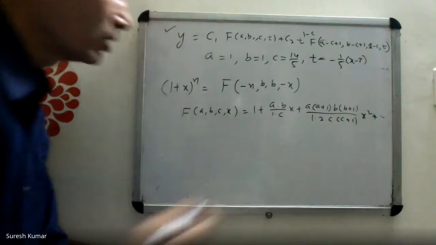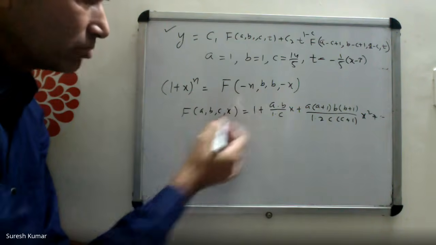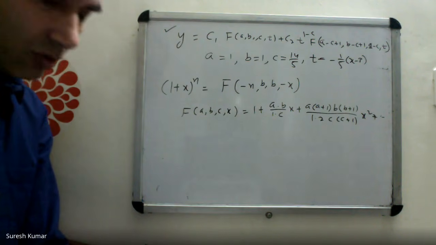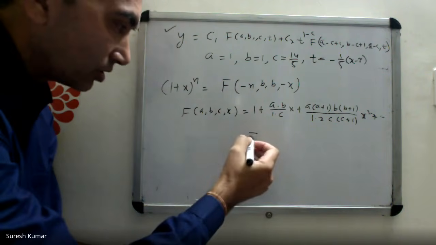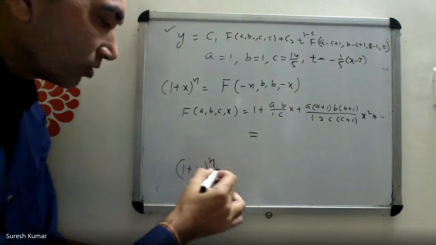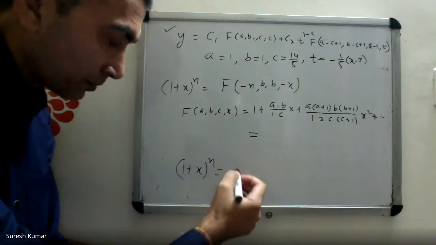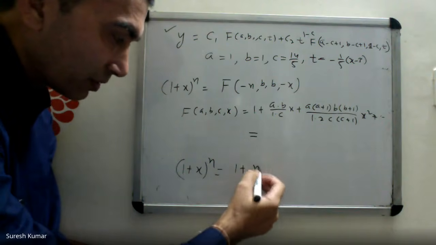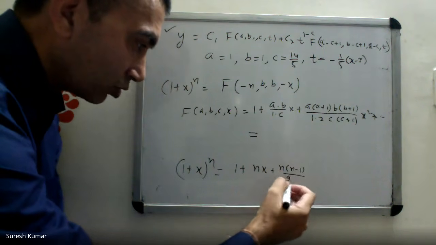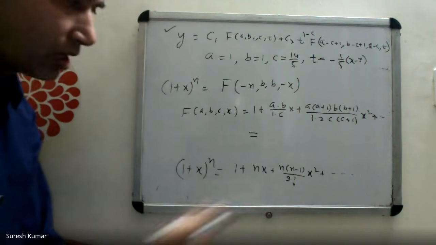So if I replace a by minus n and c by b here, see what you get on the right hand side. Is that the same as the expansion of (1 plus x) to the power n? What is the expansion of (1 plus x) to the power n? 1 plus nx plus n(n minus 1) over 2 factorial x square and so on. You know this is the standard binomial expansion.